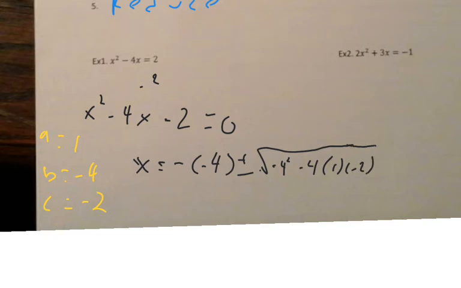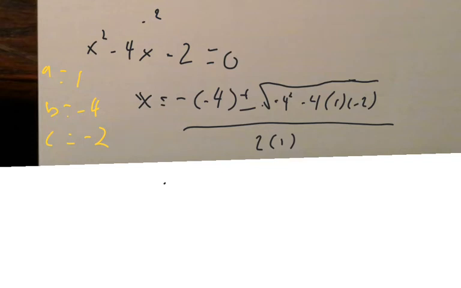It's all under the radical, all over 2 times a, which is 2 times 1. Alright, so we have negative negative 4, which becomes just regular positive 4, plus or minus.